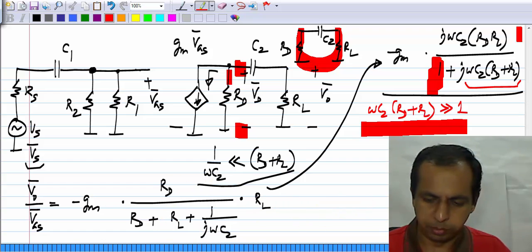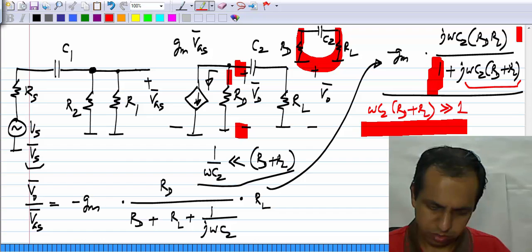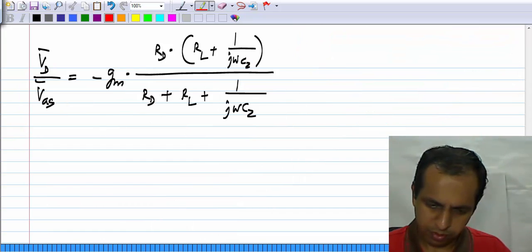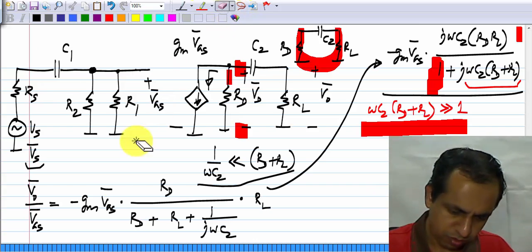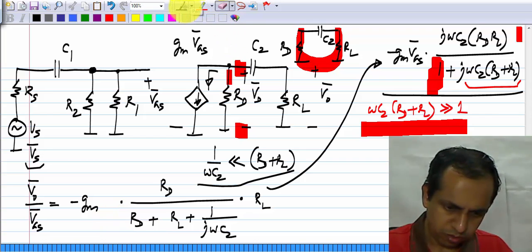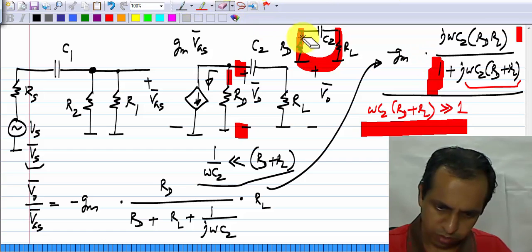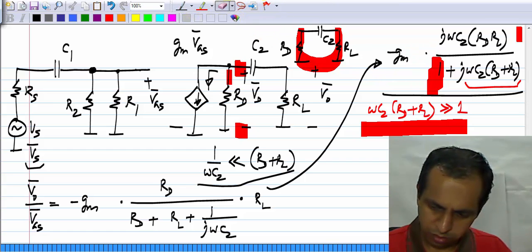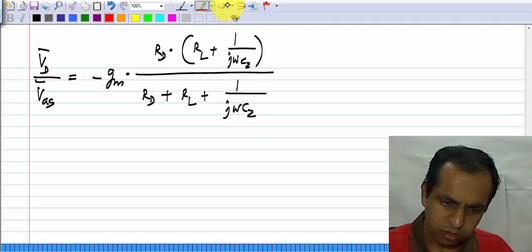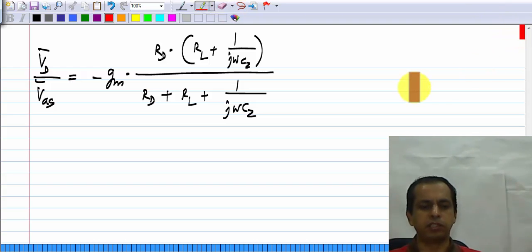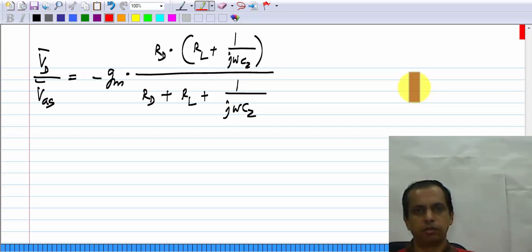If you look at this expression, the bottom line is the drain voltage magnitude will be greater than the output voltage magnitude.